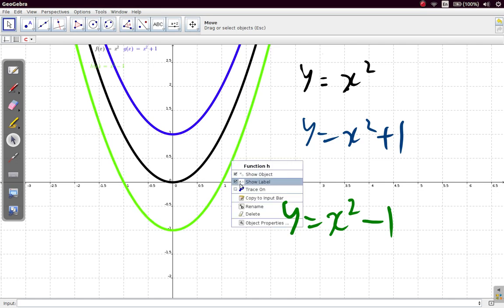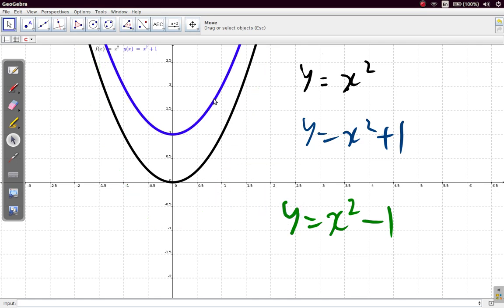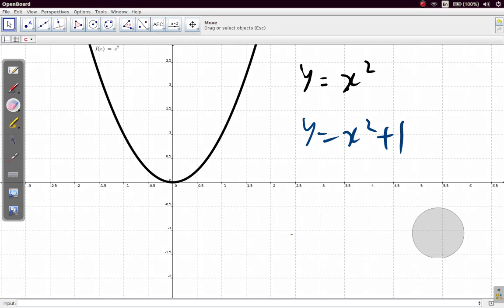What we want to do, let's erase these other graphs, and make some more adjustments to our y equals x squared. We have seen that y equals x squared plus 1 moves it up, y equals x squared minus 1 moves it down.